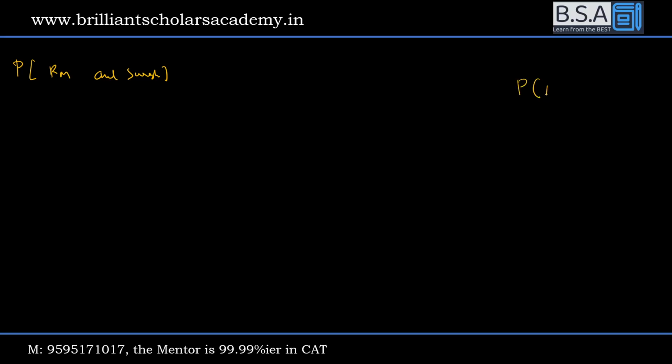When you have to calculate probability of A and B and the events are independent, you calculate the probability as P(A) multiplied by P(B). Whatever values are given for Ramesh clearing the exam and Suresh clearing it, you simply multiply to get the answer.